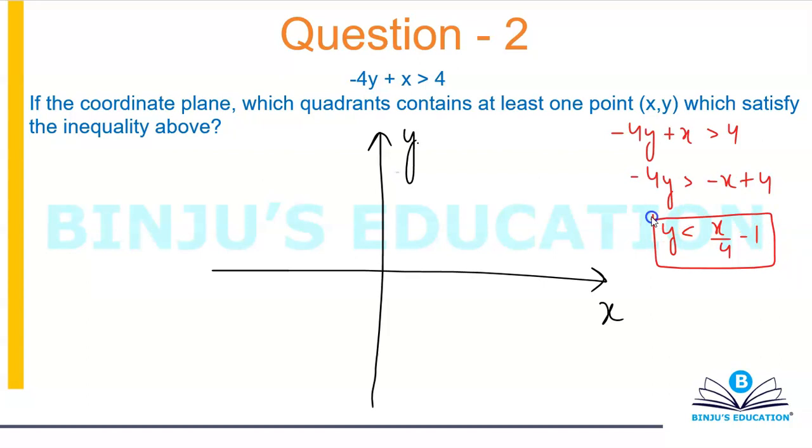So you have a positive slope and a negative intercept, your line will be something like this. It says y less than, which means you will take the region which lies below the line.